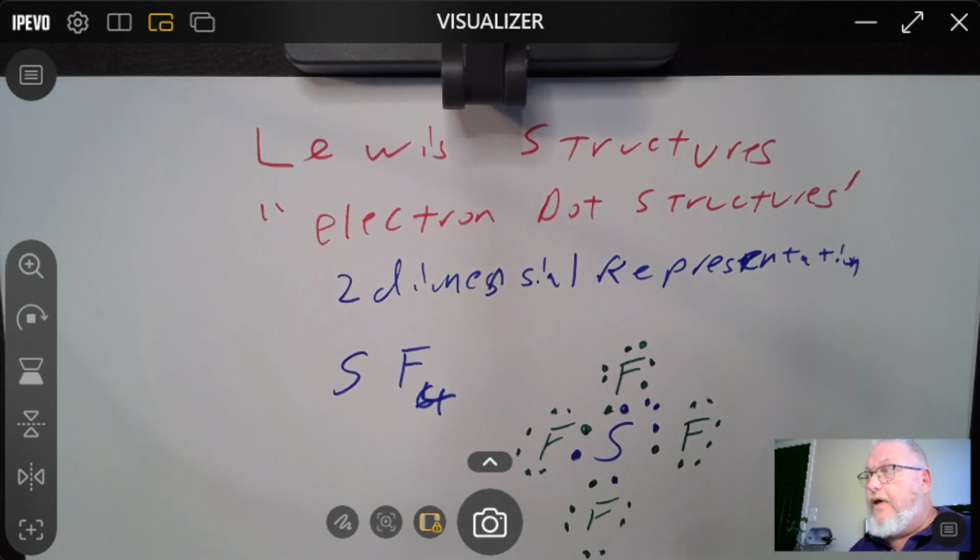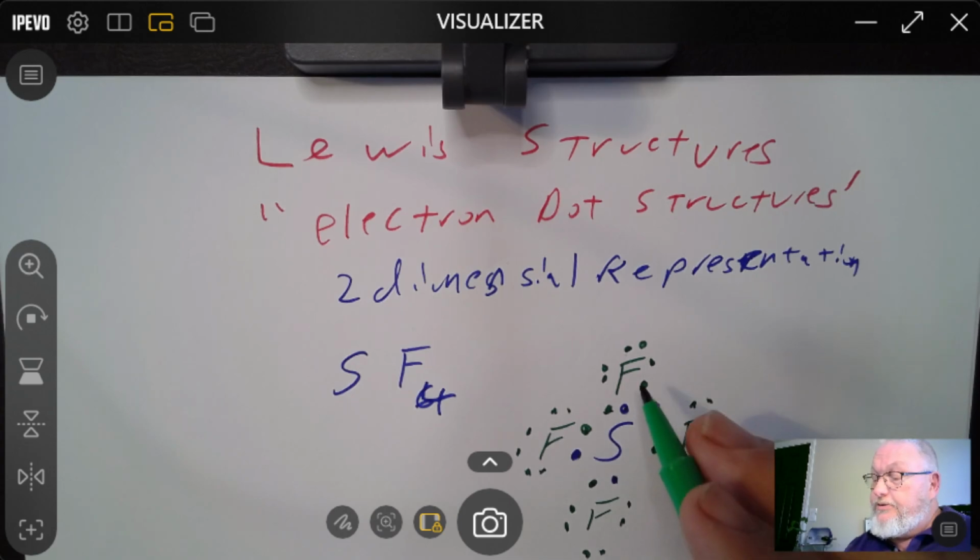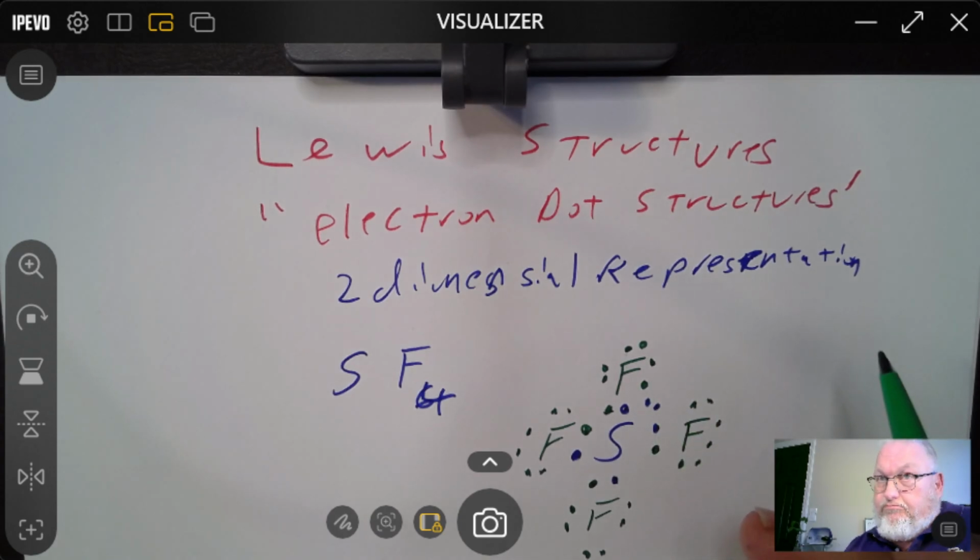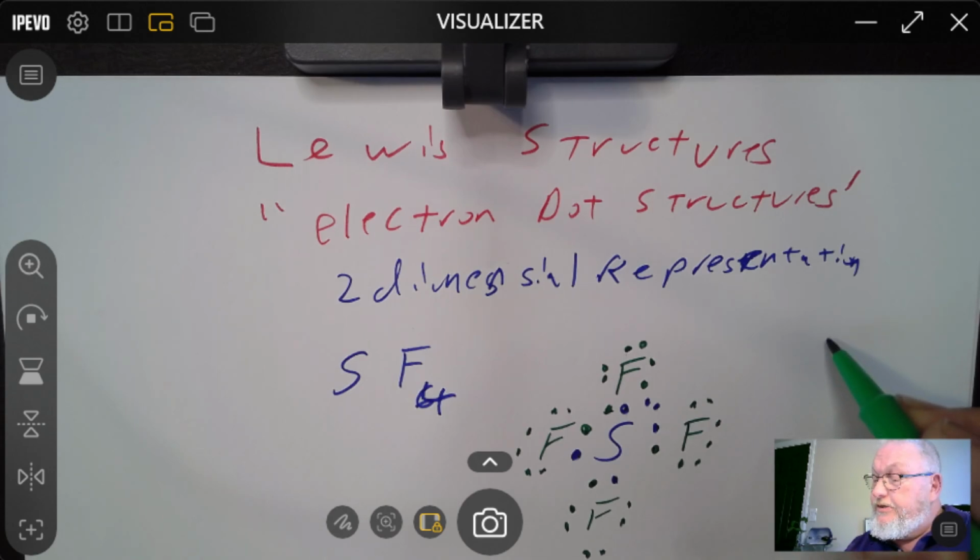Now, of course, we've got to make sure that we have the right number of electrons. So fluorine is in group 17. That means it's got 7 valence electrons. I got 4 fluorines. So I'm going to do a little multiplication. 4 times 7 is 28.